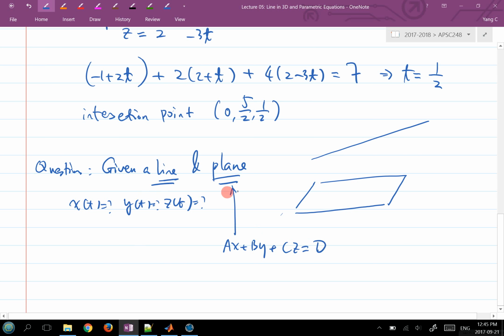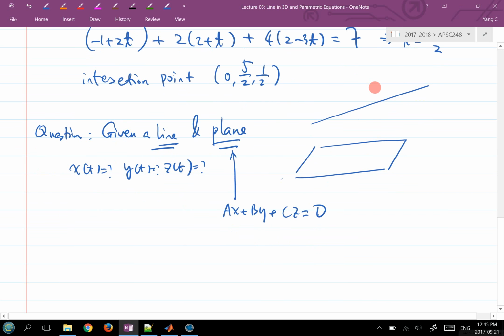As we just did, in order to verify whether they intersect or not, even if you already know for sure they intersect, you can substitute the line equation for x, y, z into the left side of the plane equation.